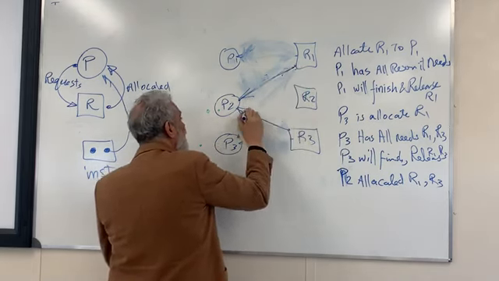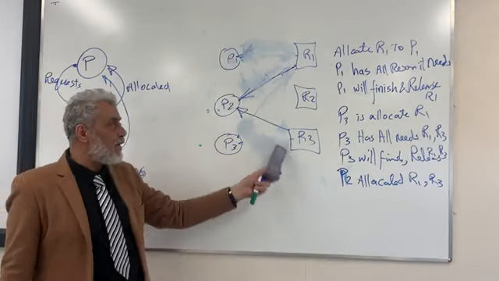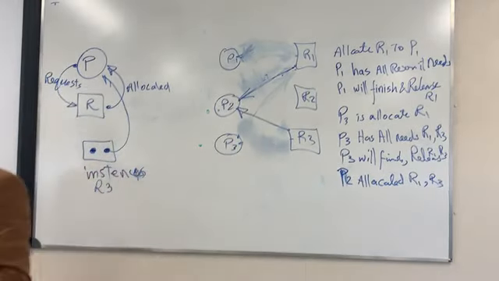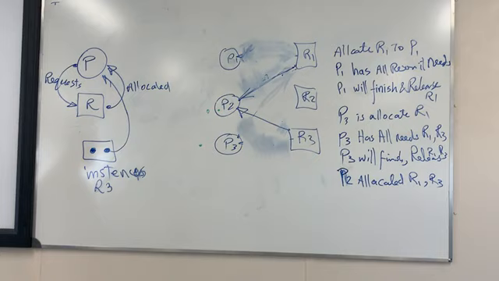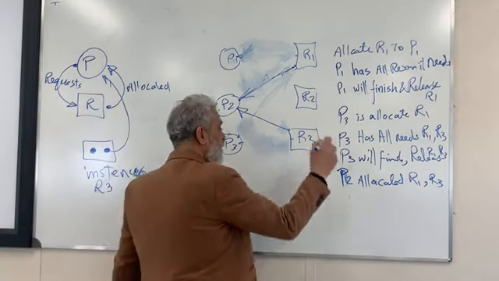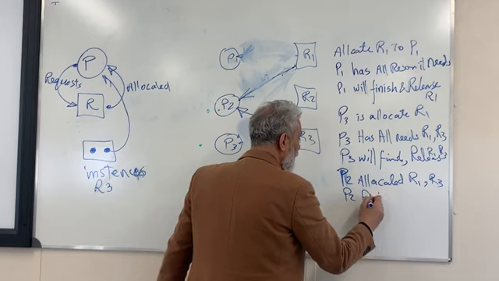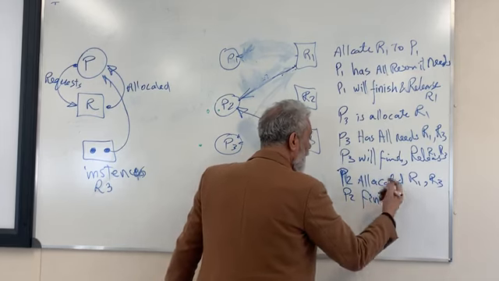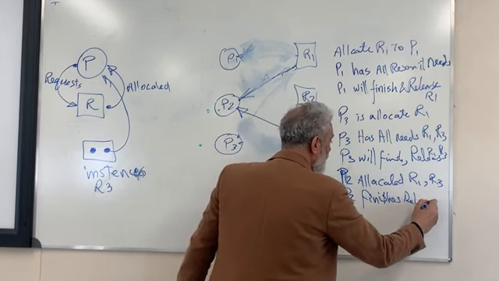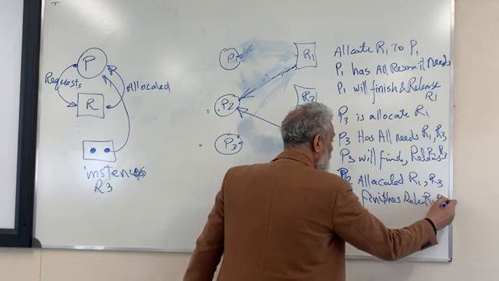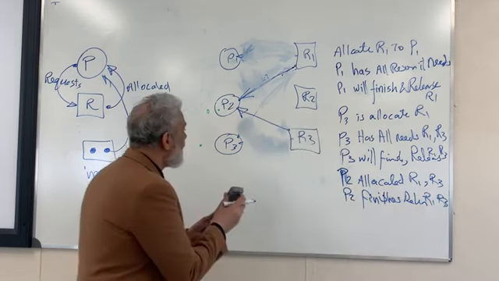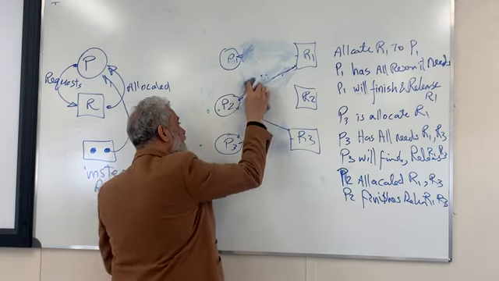So resource 1 and resource 3 are now allocated to process number 2. What will happen to process 2? It will finish and release resource 1 and resource 3. There it is. Process number 2 finished.